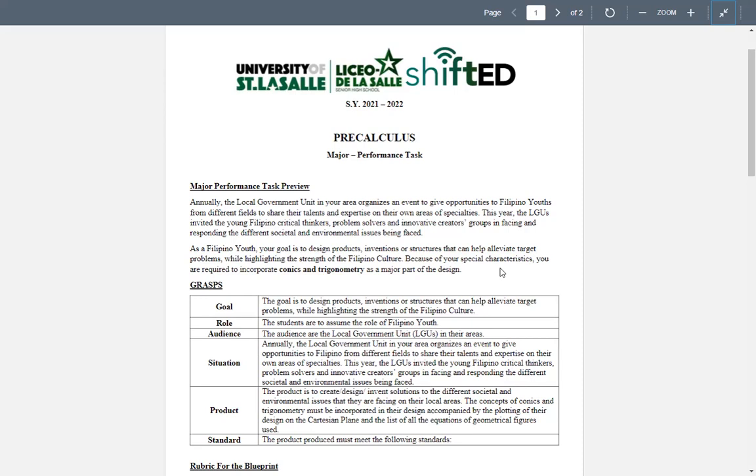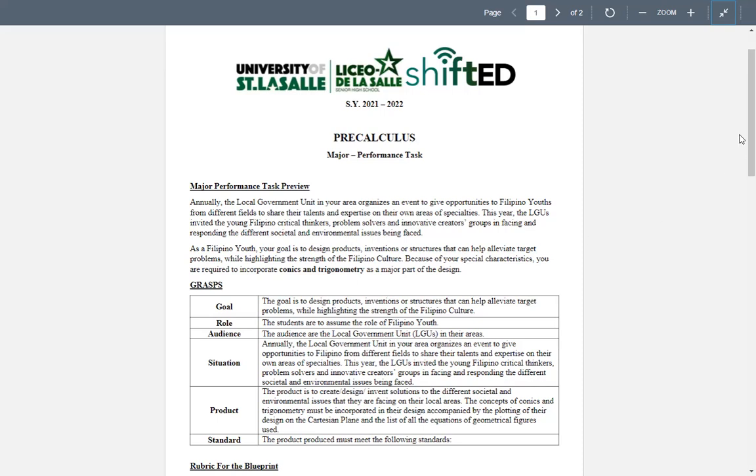And if you can recall, on our minor PT, you were able to incorporate the concepts of conics in your action plan or your solution plan. And for this quarter, you will now add on the concept of trigonometry to your design.